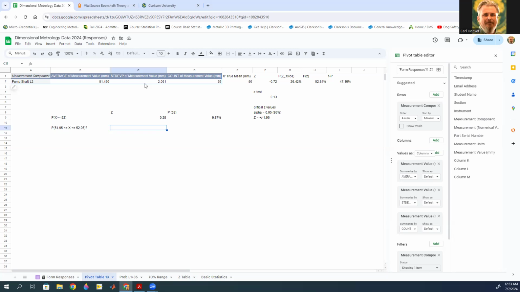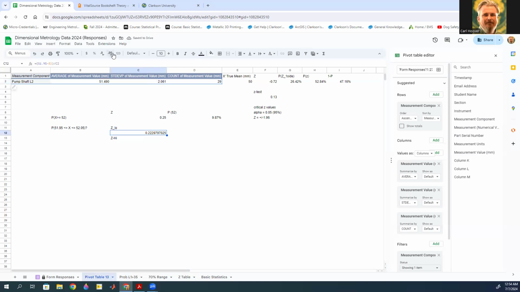So we'll have Z, we'll call it low, and Z high. And so here we'll just compute this as equals 51.95 minus the mean, divided by the standard deviation.